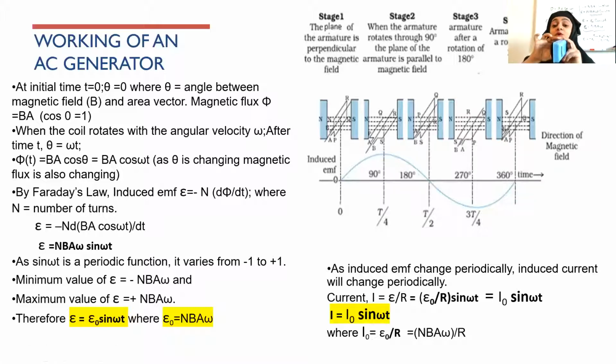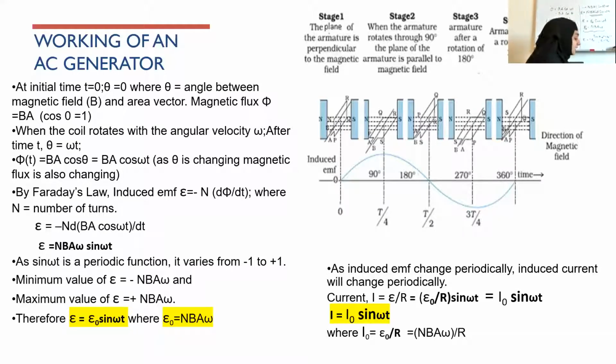Now again we are rotating from 180 to 270 degree. What happens when it becomes 270 degree? Then what is sine 270? Minus 1. Sine 270 is minus 1.